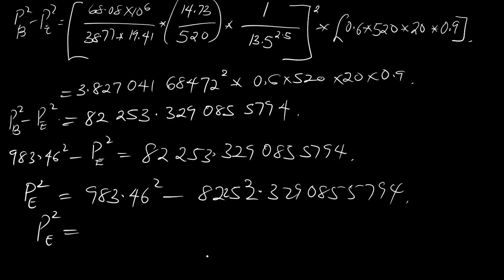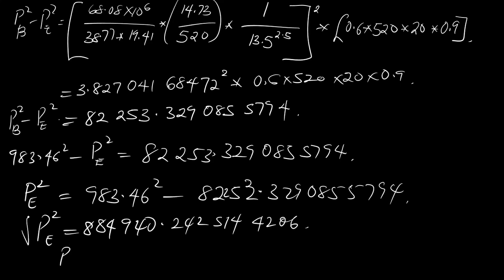So P at E square will now be equal to 983.47 square minus 82,253.3299,085,5,794 will now be equal to 840.242.514.4206.